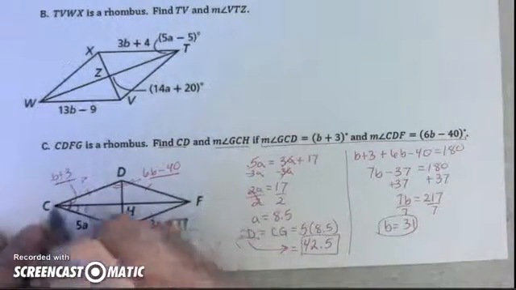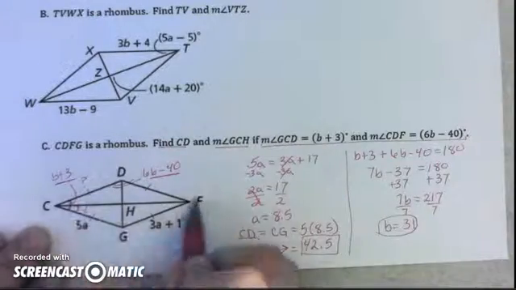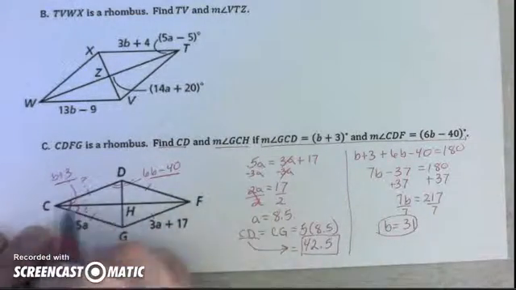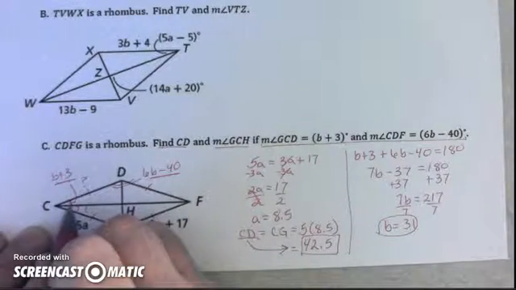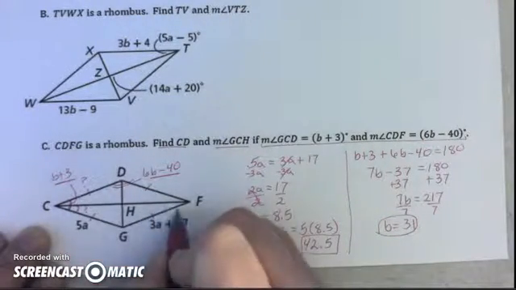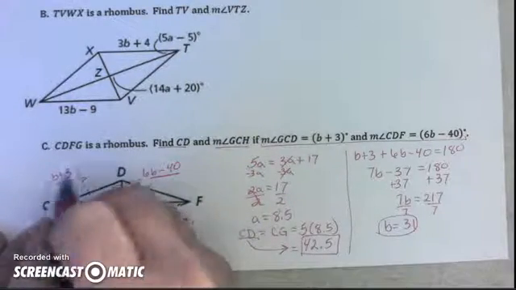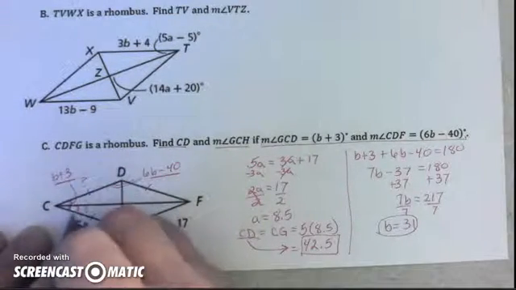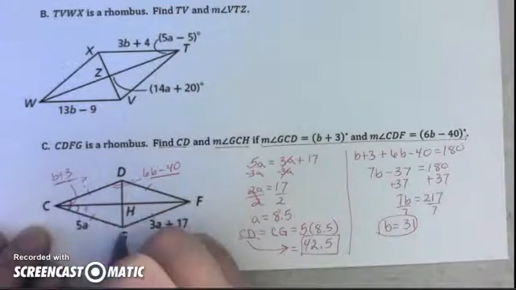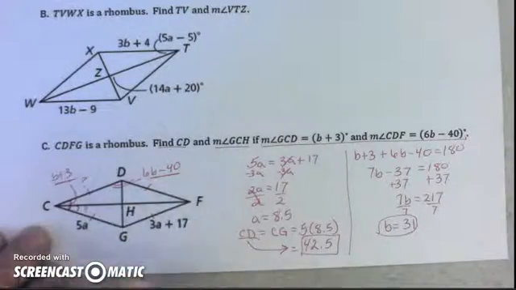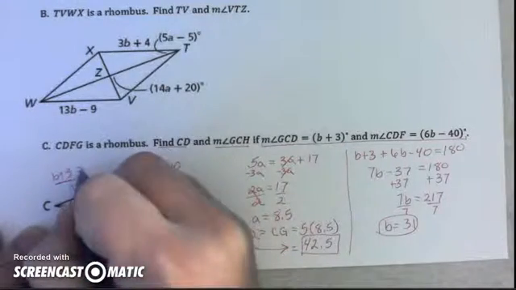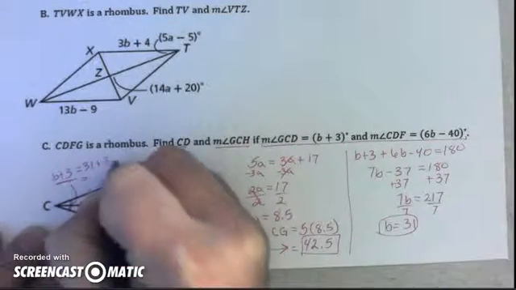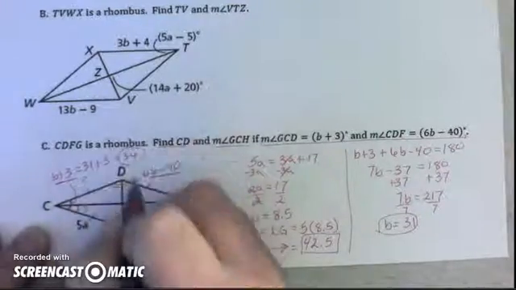Now, GCH, you'll remember this diagonal CF, the segment that cuts through the middle of the rhombus there, bisects these opposite angles C and F. That means whatever B plus 3 is, I'm going to cut that in half to get this angle GCH right there. So I'm going to find out that the measure of angle C here is 31 plus 3, which is 34 degrees.